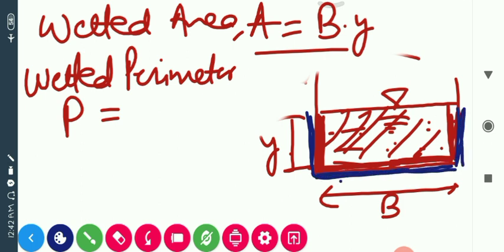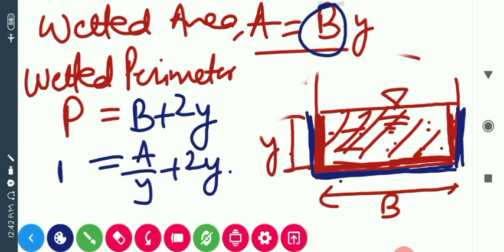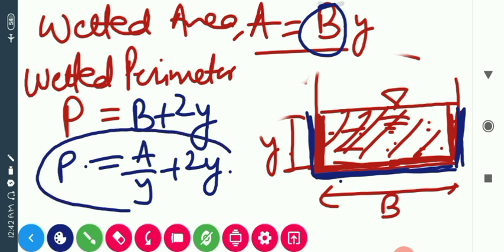Okay, so this is B plus Y plus Y. It is B plus 2Y. Okay, this is the value of wetted perimeter. Let's derive the value of B from this equation. We get B equal to A by Y, so P is A by Y plus 2Y. This is the value of perimeter.